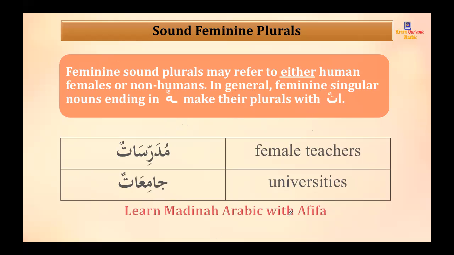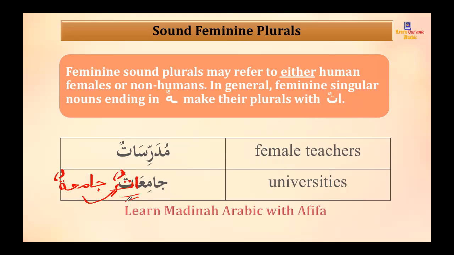But for female objects, you can make a sound feminine plural. So the singular is jami'atun. Jami'atun is singular. So it does form into the sound feminine pattern with the alif and a ta.